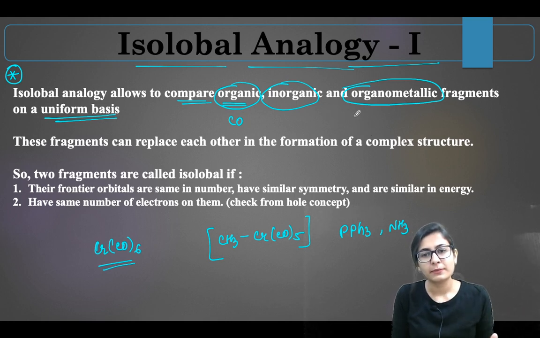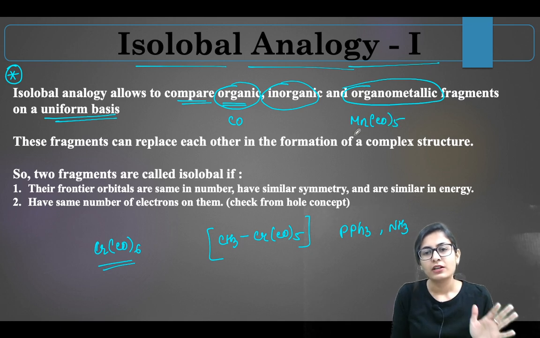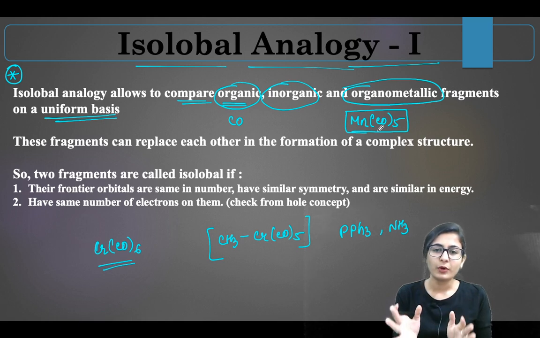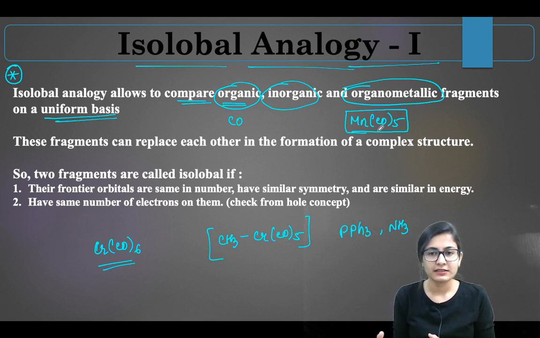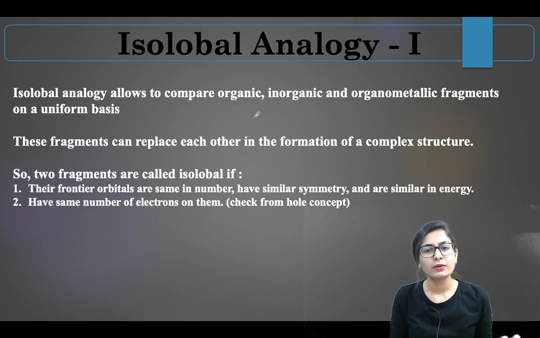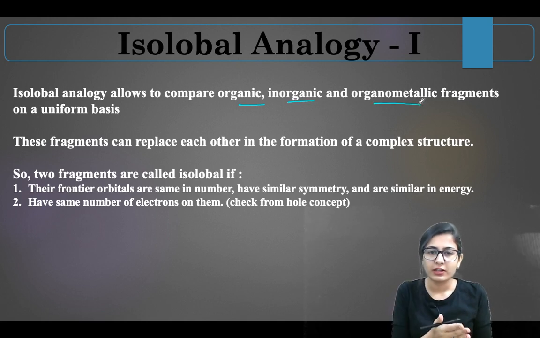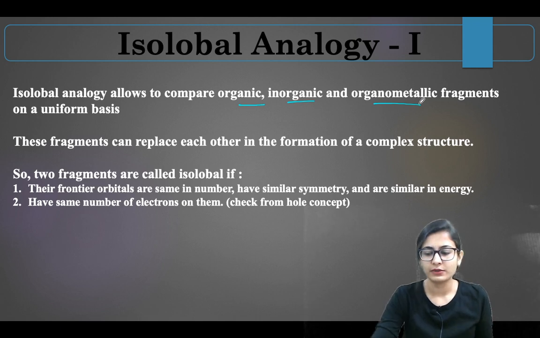For example, in the place of CH3, I am writing Mn(CO)5. So what are these? How are we going to understand the bonding of these kinds of complex metal clusters? That is why we require the isolobal analogies, so that we can easily exchange the organic fragment with the inorganic one, or the organometallic one, right? This is how it works.